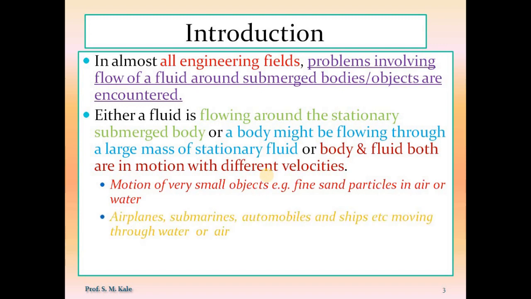Second example: aeroplane, submarine, automobiles or ship. Whenever an aeroplane is moving through air, a submarine is moving through water, an automobile is moving on a road through the surrounding air, or a ship is moving through a river, the surrounding fluid is always exerting forces on the object.